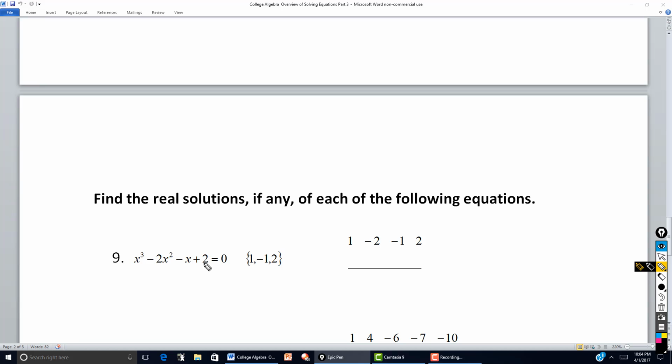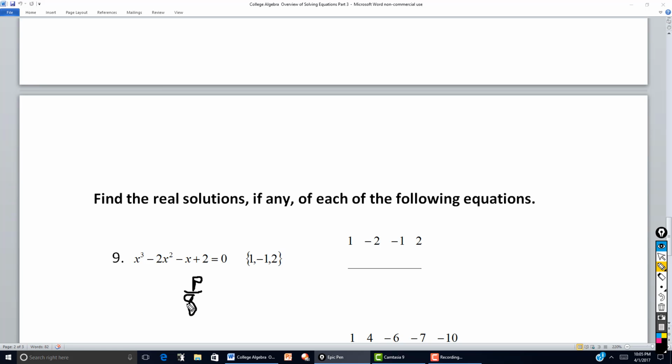There's a theorem from College Algebra that tells you that if you have a polynomial and it has real zeros, the zeros are going to be numbers of the form p over q. In other words, they're going to be rational.